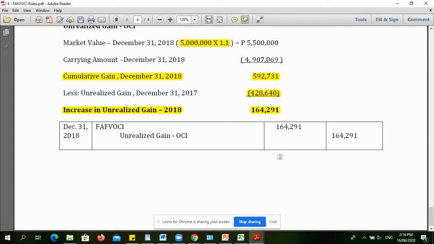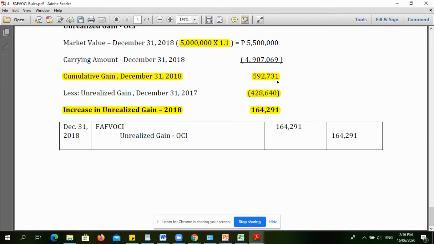The second question: how much is the OCI that will be presented on the balance sheet, specifically in shareholders' equity?